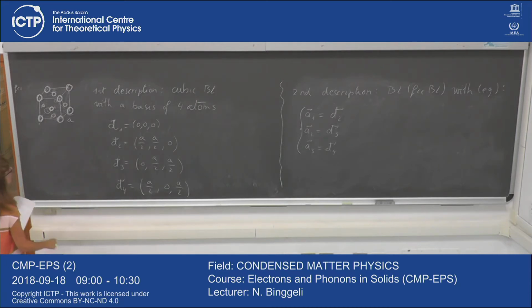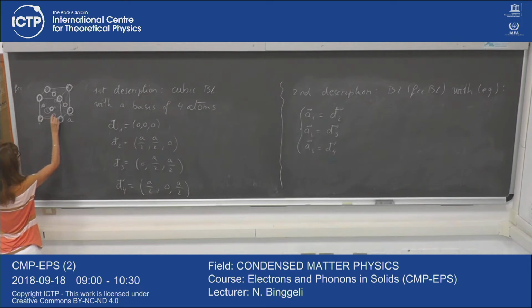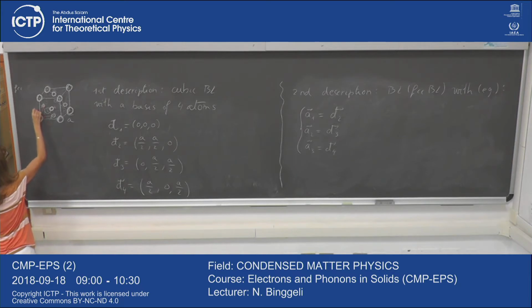So here a1 would be d2, that is this vector. This would be a1. a2 would be d3, this vector. And a3 would be d4, so it would be this vector.